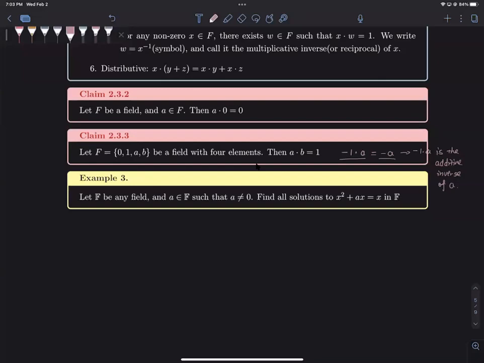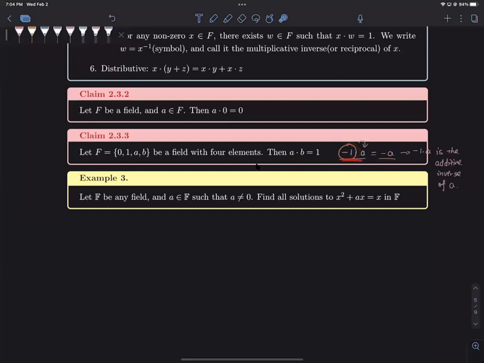Okay. Any other question? How can the additive inverse not be in the field? It is in the field. No, I'm saying you cannot put this in this because negative A is not -1. It's not a shortening of this to this.